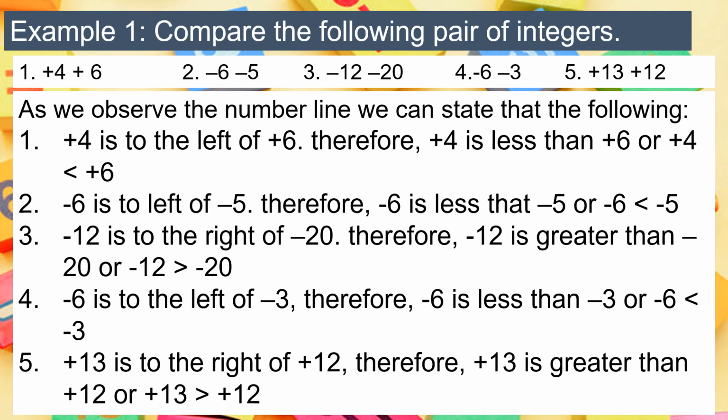Next, negative 6 is to the left of negative 3. Therefore, negative 6 is less than negative 3. Number 5, positive 13 is to the right of positive 12. Therefore, positive 13 is greater than positive 12.